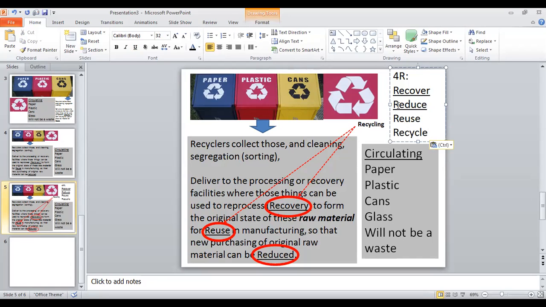Okay, reduce, reuse, recycle. Because recovery is something technical. Okay, recover. This needs, yes, this is not for ordinary citizens, not for ordinary citizens.